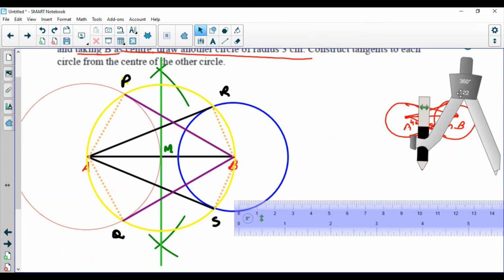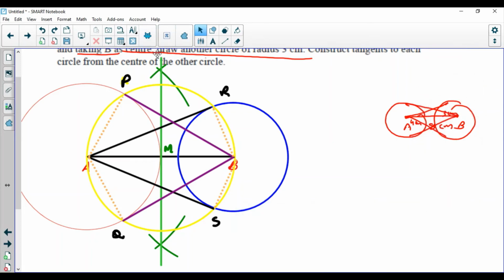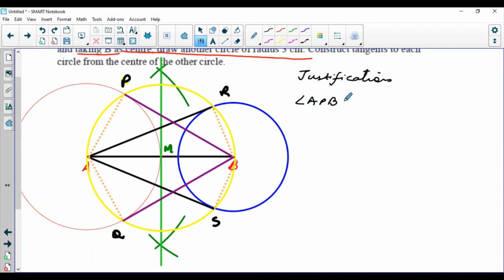So they will be 90 degrees. In justification, the steps are the same, but here the number of angles and tangents is more, 4 are there. So we can write justification: angle APB equals angle AQB equals angle BRA equals angle BSA.